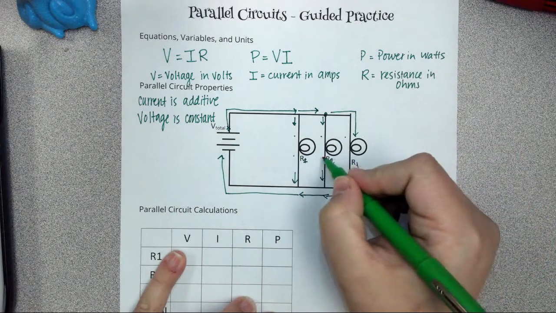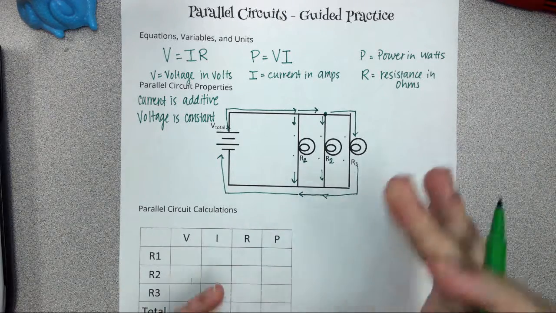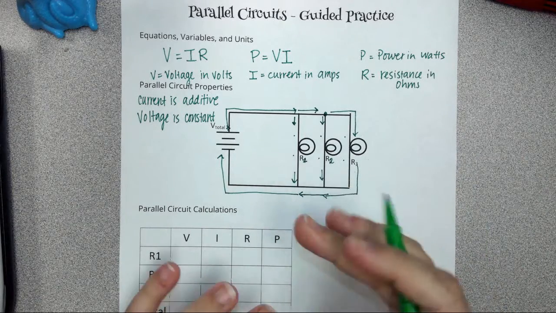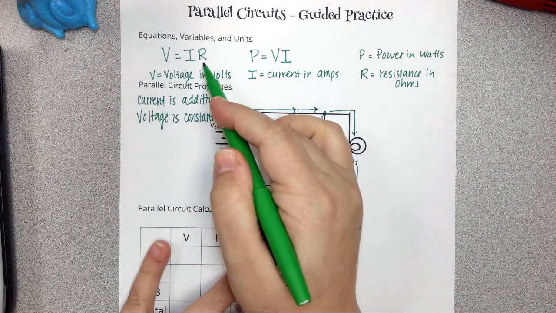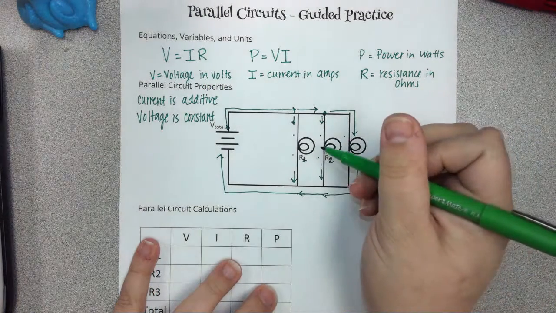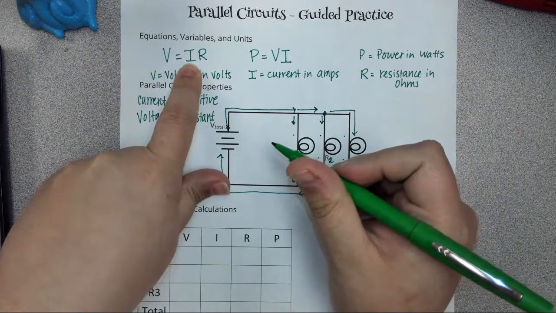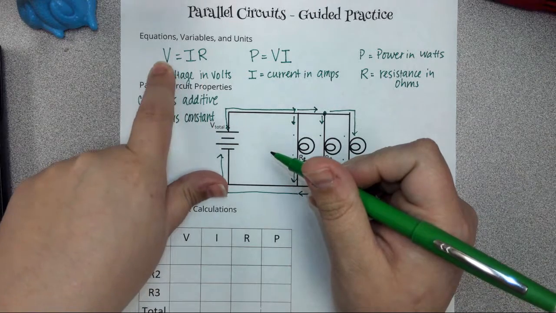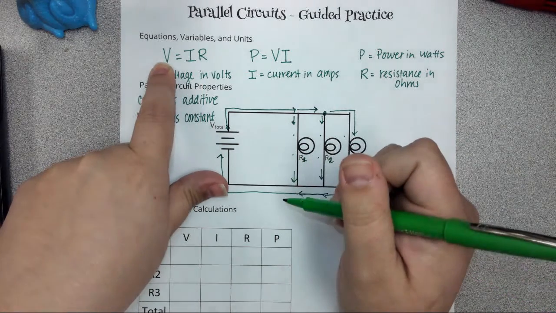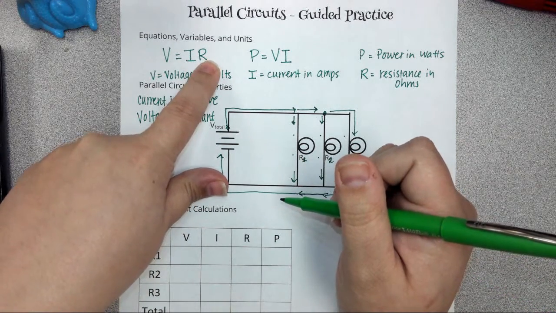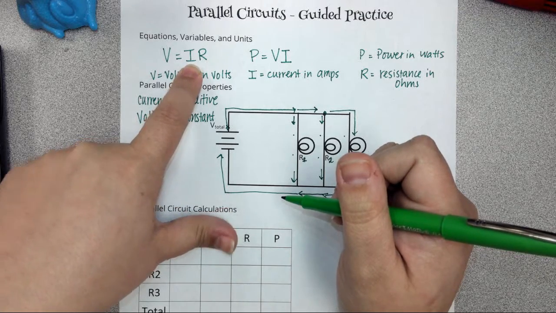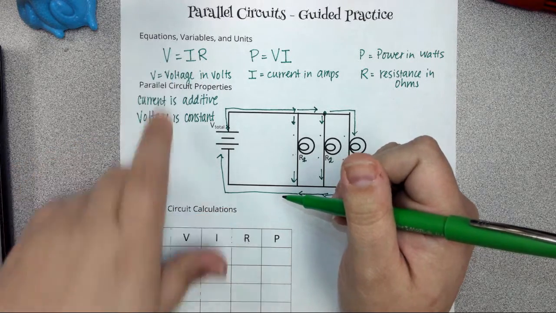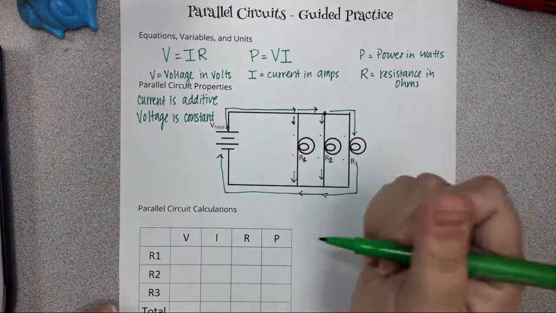The voltage across each of these resistors has to be the same. We know that voltage is made up of current and resistance. If one has a higher resistance, it's going to get less current, which is going to allow the voltage to be constant. If one has a lower resistance, it's going to have more current, which is going to allow the voltage to stay the same. So that's why we say that.